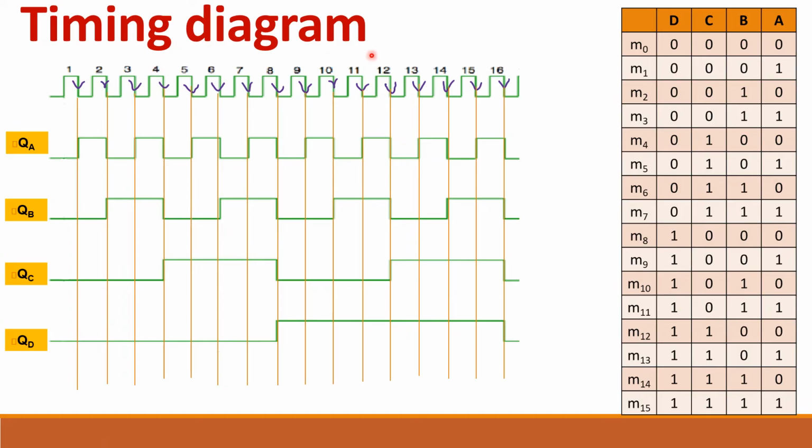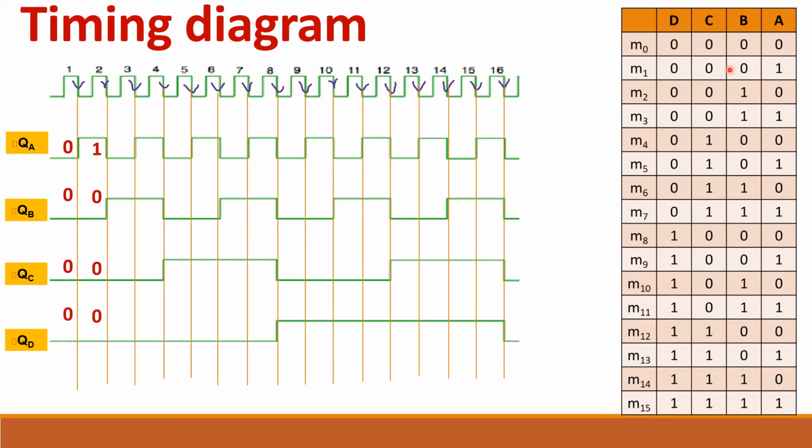This is the timing diagram. QA, QB, QC, QD. 4 outputs are here. QA has to change its state in every clock cycle. So you see here 0, 1, 0, 1, 0, 1. It is changing state. QB, 2 zeros, 2 ones. So 2 zeros, then 2 ones. 2 zeros, 2 ones. So you see here first all are 0.